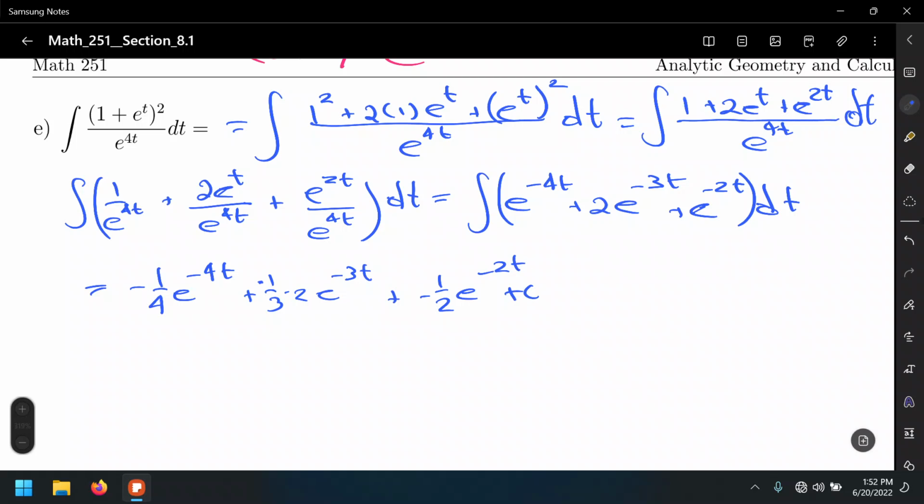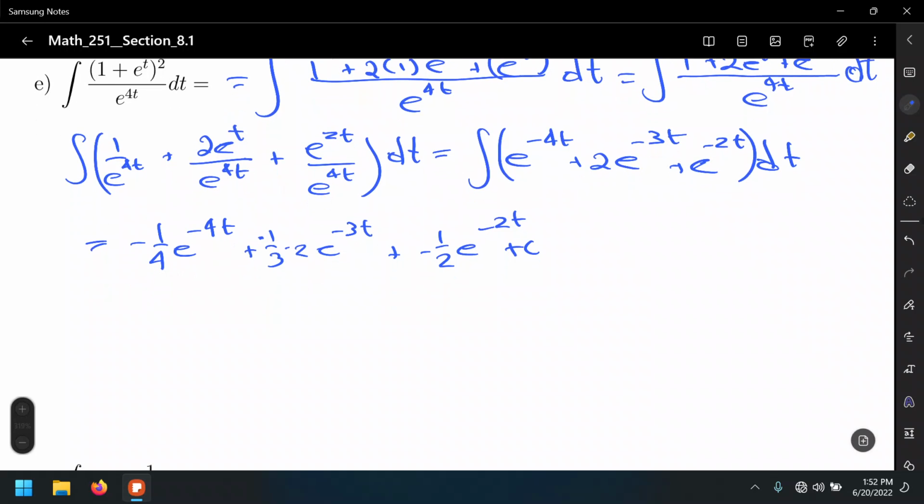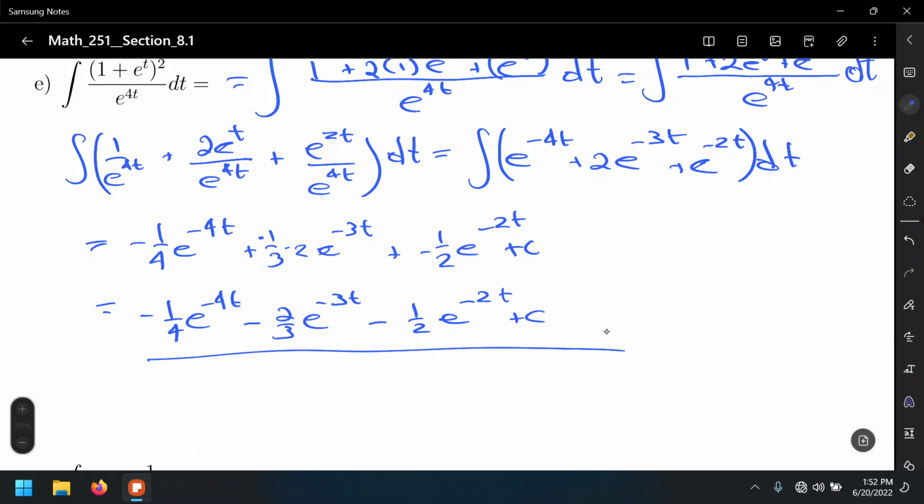And let's clean up the coefficients, the signs. That's a negative 1/4 e to the negative 4t minus 2/3 e to the negative 3t minus 1/2 e to the negative 2t plus c. And that's the final answer.